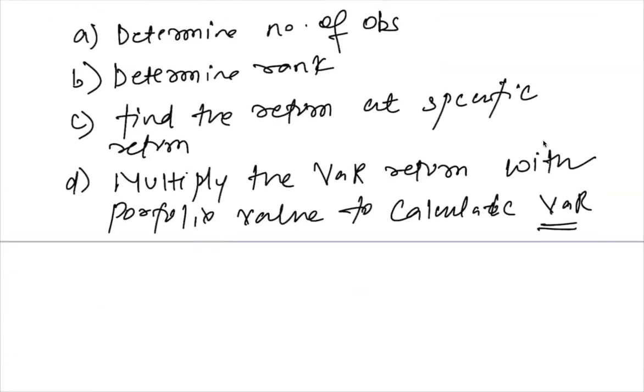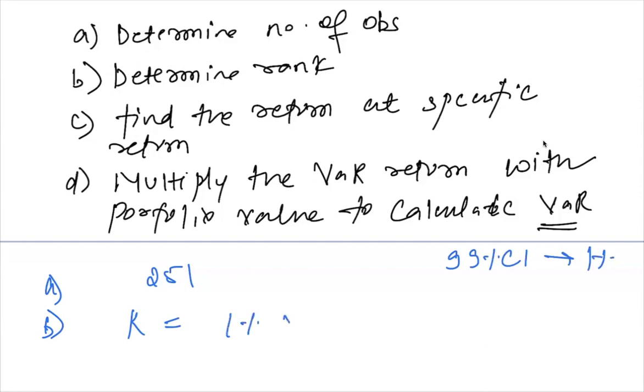Now let's say we have 251 observations. How will we calculate the rank? Because we are considering a 99% confidence interval, we multiply 1% times 251, which is 2.51.